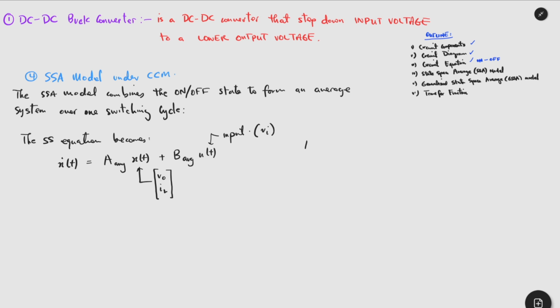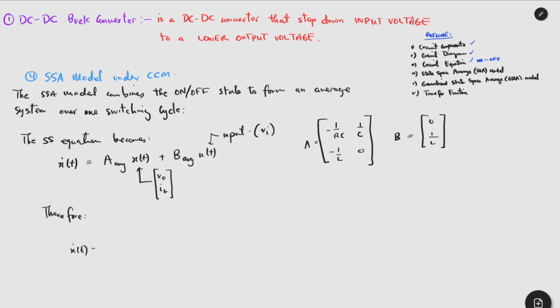So this gives us the form like what we have discussed previously, so we only substitute the equation. Therefore we know previously that A is equal to minus 1 on RC and 1 on C, and minus 1 on L and 0, which represents A, and for B we have 0 and 1 on L. So this is the same as what we have discussed previously.